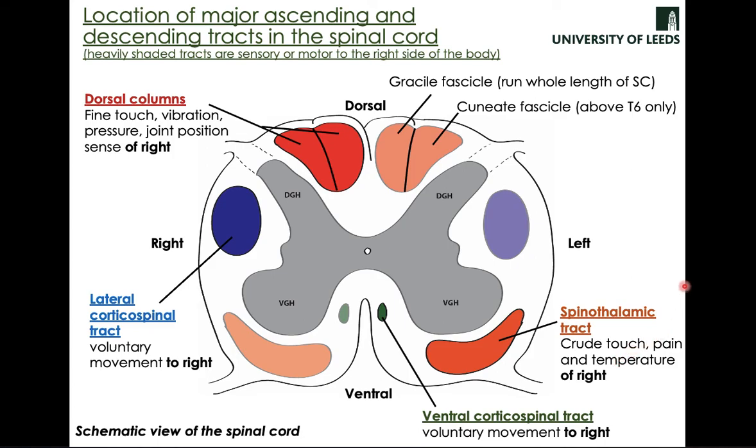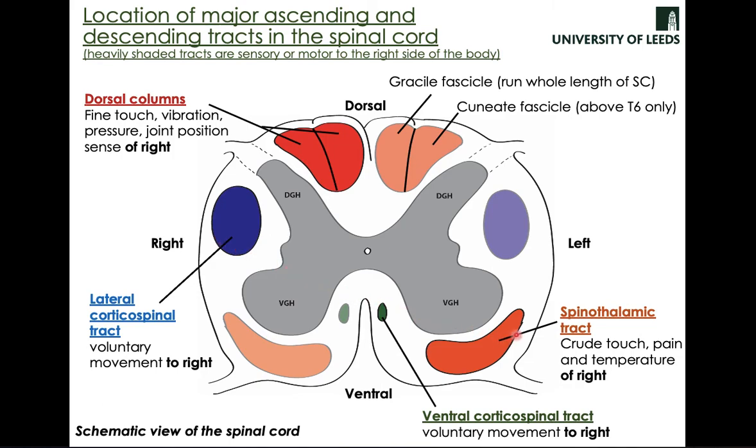Okay? And I want you to start thinking about how you can see that there are some areas that are heavily shaded or heavily colored, and they carry information from a specific side of the body. So in this case, these dorsal columns carry information from the right side of the body, and these lateral corticospinal tracts carry information for the right side of the body.